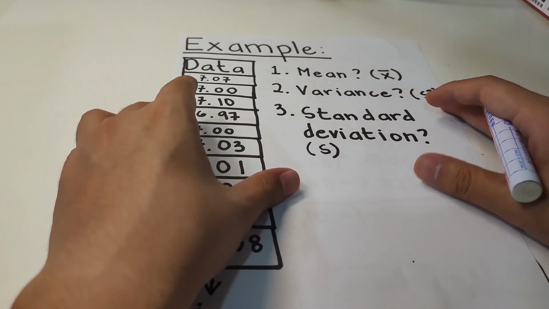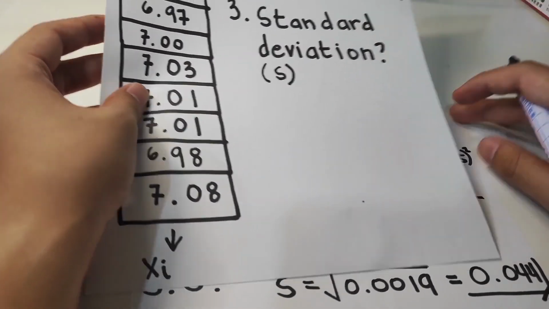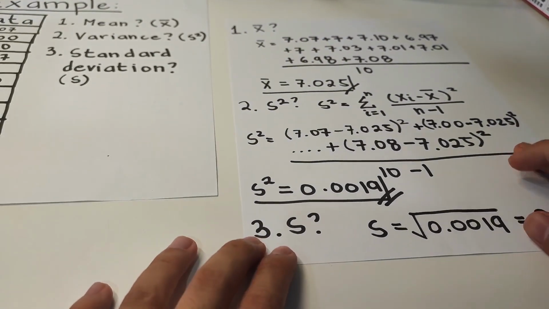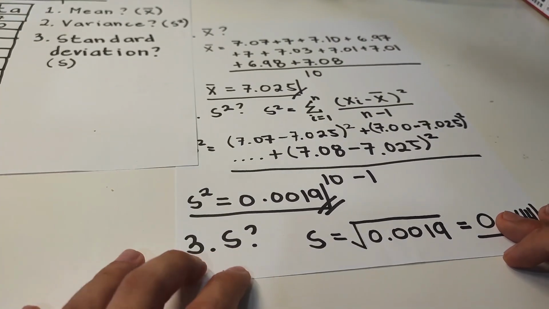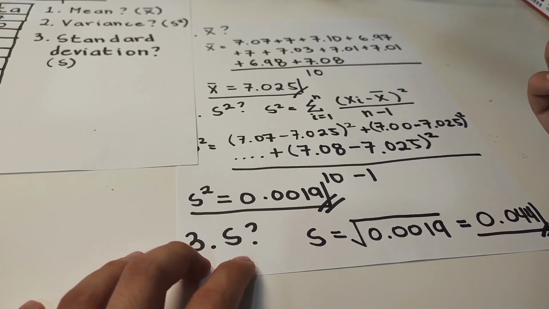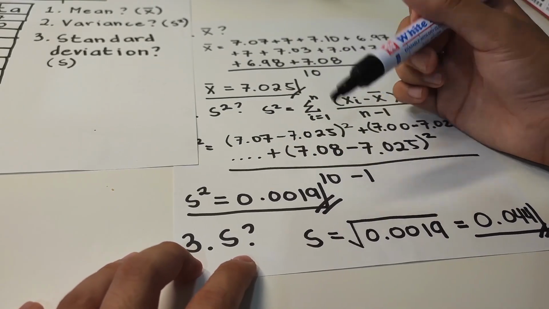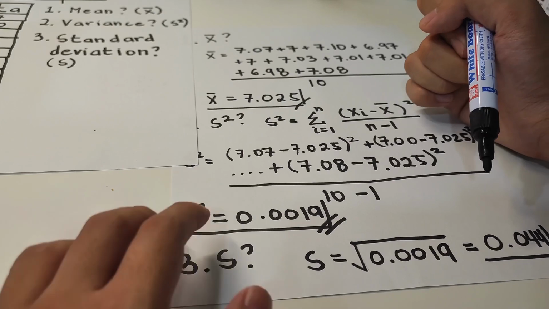And now, finally, for number 3, for the standard deviation, I actually wrote it down already. This is actually the easiest. To get the standard deviation, we just need to take the square root of the sample variance.